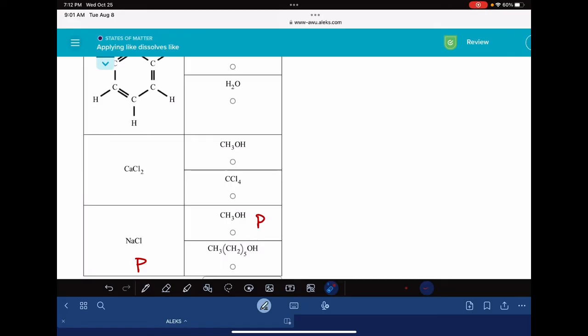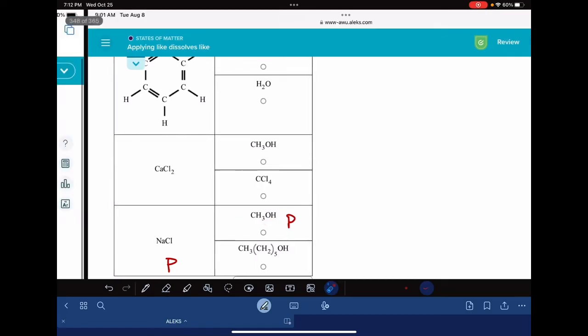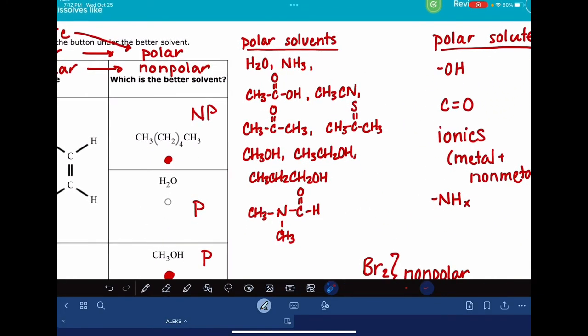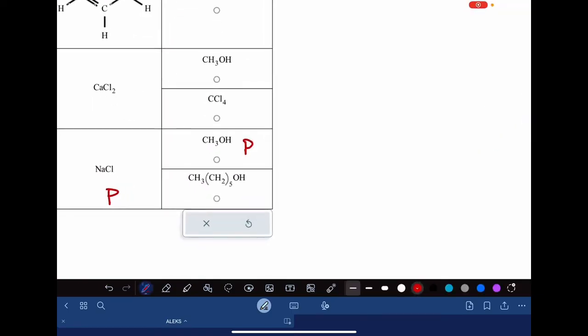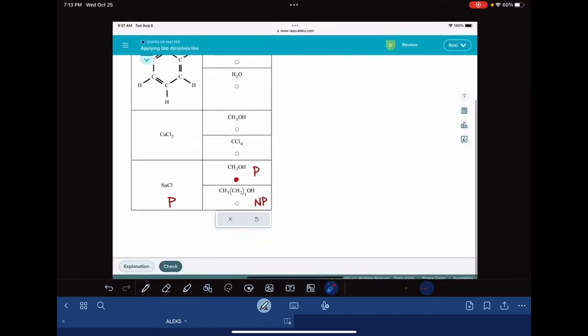And remember, I told you, if we're talking about the solvents, don't just pay attention to the OH. There's a limit to how many carbons you can have associated with that particular OH. So that this solvent is not one of the polars. That means that this CH3OH would be the appropriate solvent for NaCl.